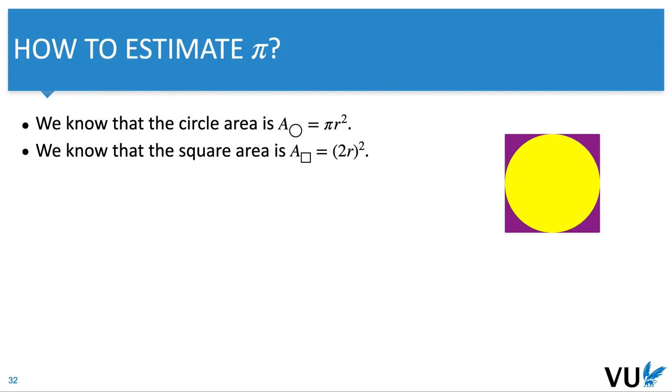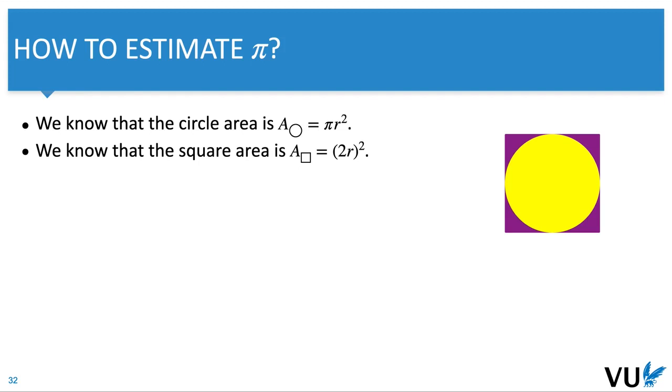And we also know that if we want to calculate the area of a square, this is just one side times the other side, right? And if we fit this circle in a square with a side of length 2r, then we know that the area of this square is (2r) squared.